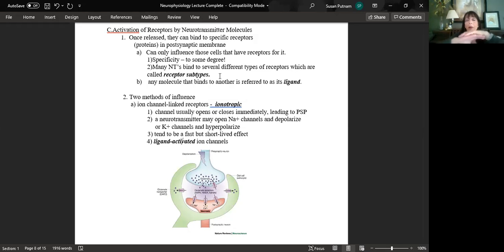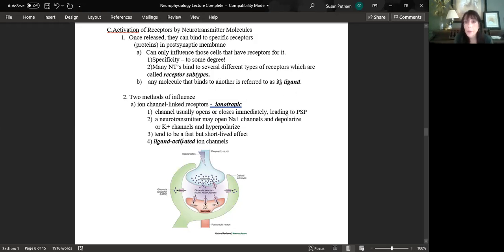So you can have a class of receptors, and perhaps I can stick in so that I can activate any receptor subtype that is in that class. And this is possible depending on the neurotransmitter.